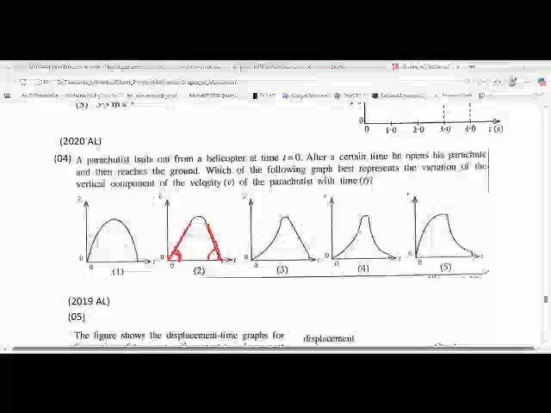If you open the parachute, velocity should decrease, and finally it stops. We can accept this one.